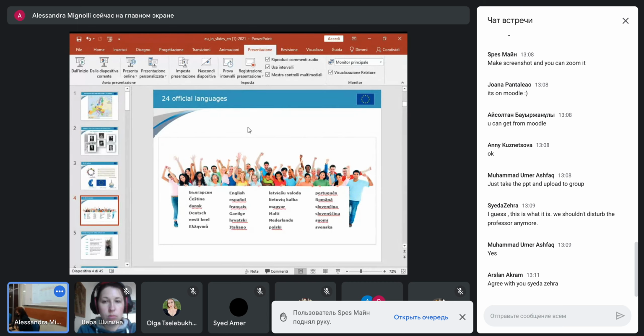Now, what is the problem here? The practical problem with having 24 official languages for a single institution. The problem is that all the documents, all the legislation, all the case law of the Court of Justice, all the official documents have to be translated into all of them and published in the official journal, and there is one official journal for each one of the languages. Is that clear?